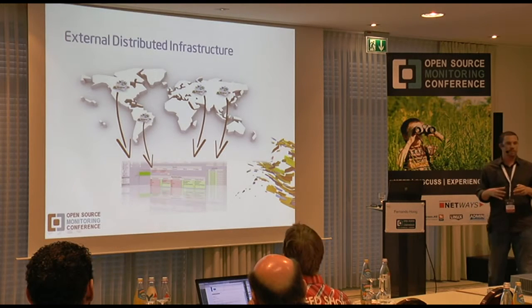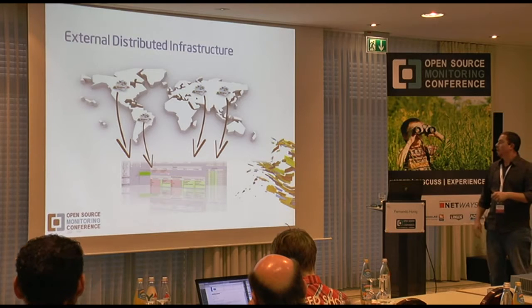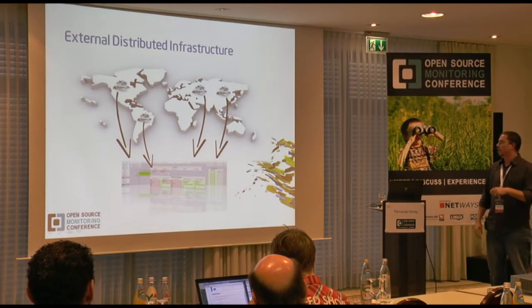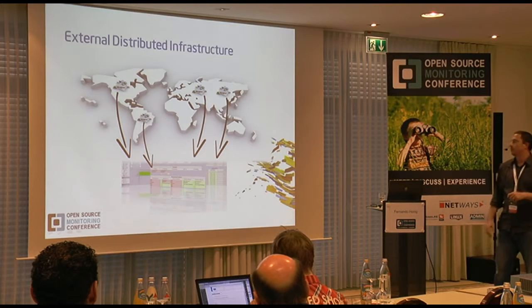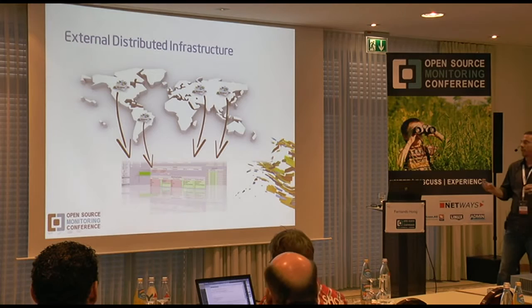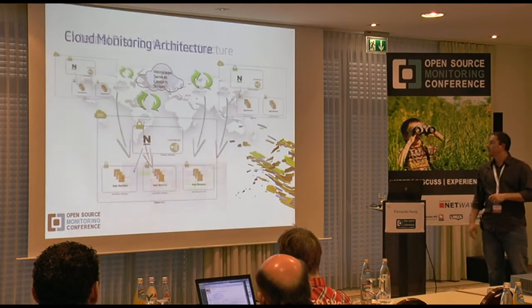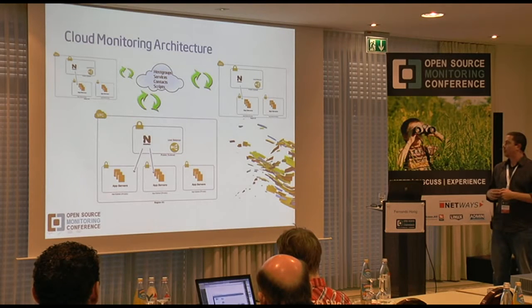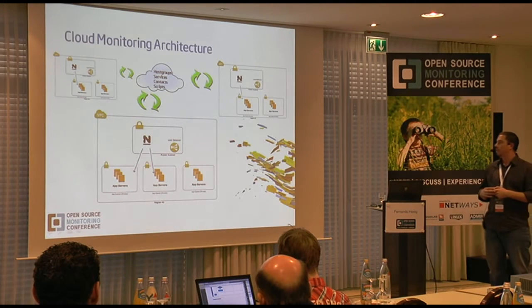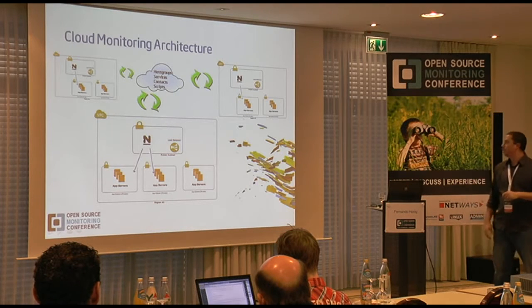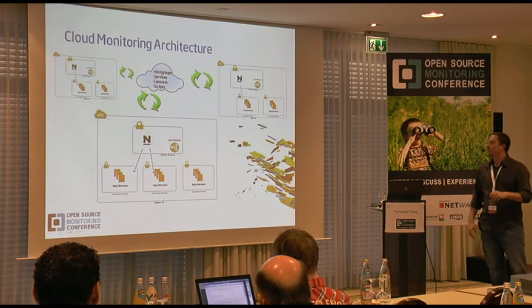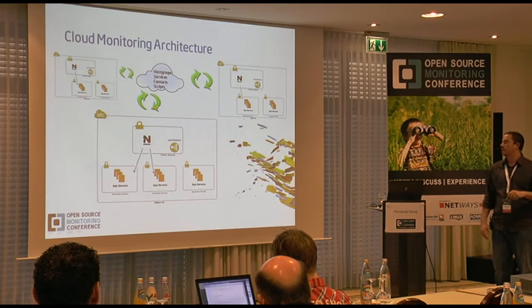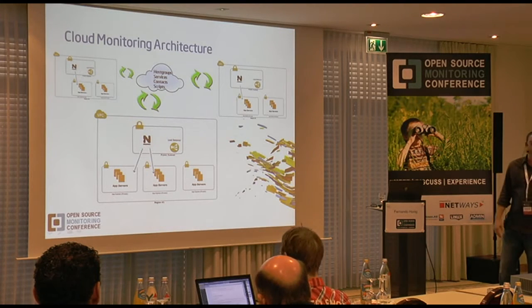Since we have different regions, we need to look at them in just one single view. This picture tries to give an example of how distributed your systems can be while looking like they are in the same place. The cloud monitoring architecture is basically putting different VPCs in different regions, and then uploading our files to a centralized location, let's say S3, for example.